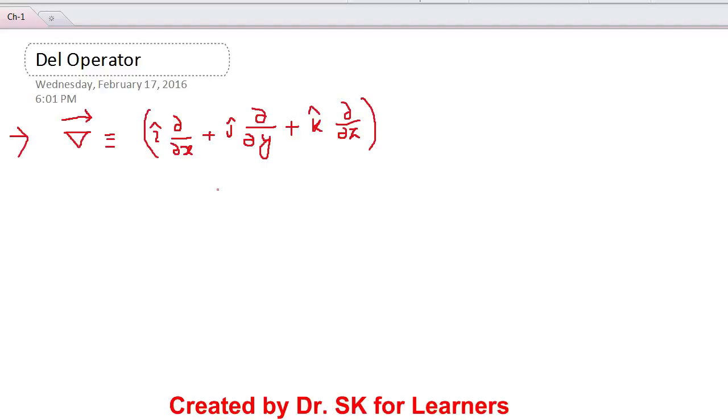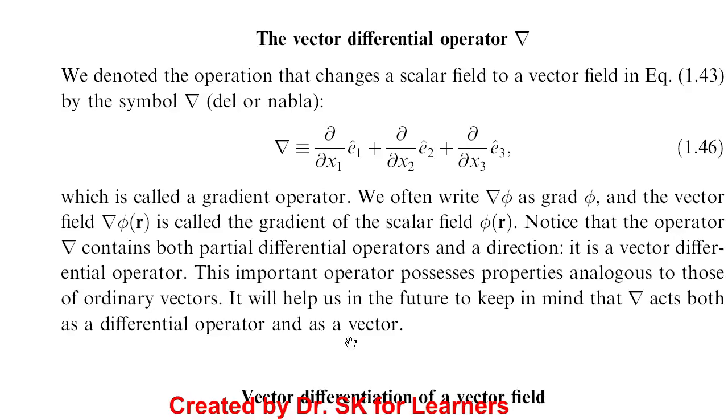So I'll quickly go through the book first, and then if something is there that I feel I need to explain, I'll use this textbook. So remember, this book is putting e1 cap, e2 cap, and e3 cap as i cap, j cap, and k cap.